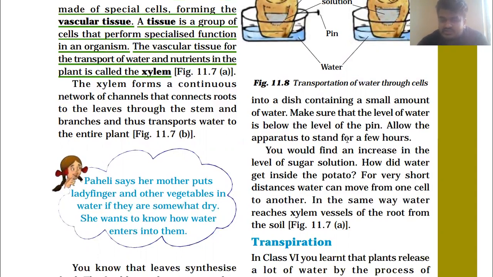For very short distances, water can move from one cell to another. We have already seen this in the last topic, in the root hair, xylem, etc. So for very short distances, water can move from one cell to another. In the same way, water reaches the xylem vessels of the root from the soil.